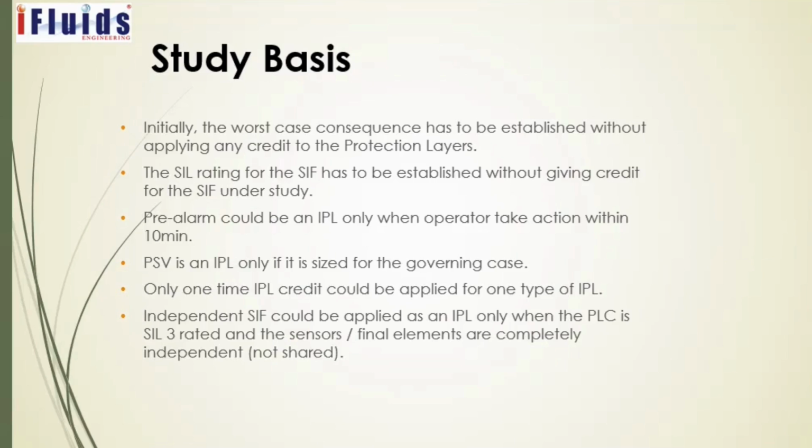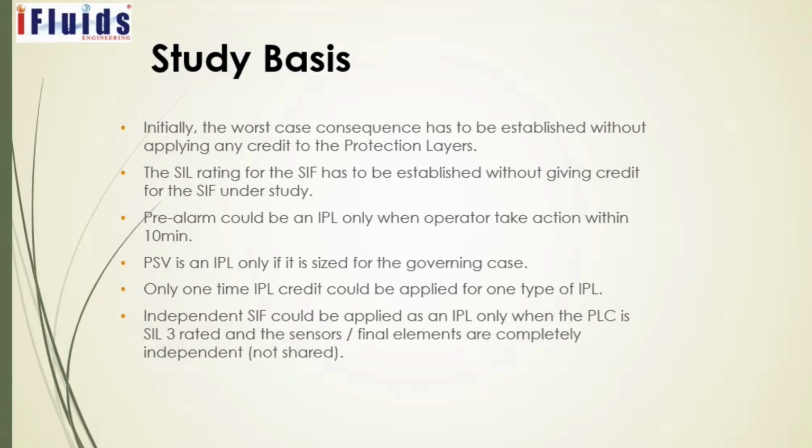Study basis. Initially, the worst case consequence has to be established without applying any credit to the protection layers. Why are we doing it? We are doing an assessment. So, if this fails, what's going to happen? The worst case. Then we see the consequence and then we go for the protections available.